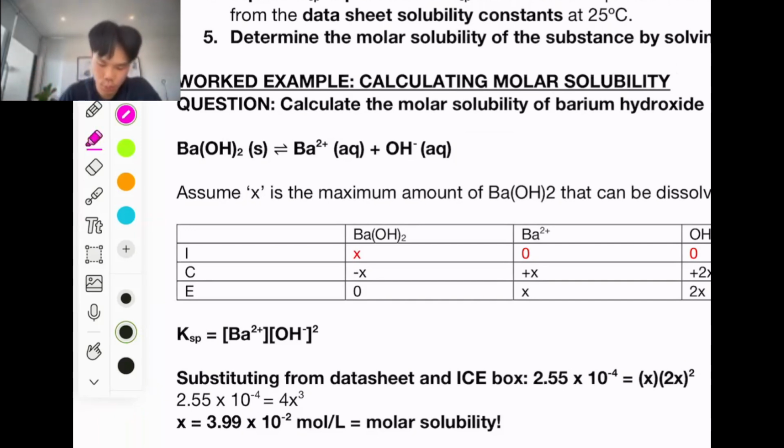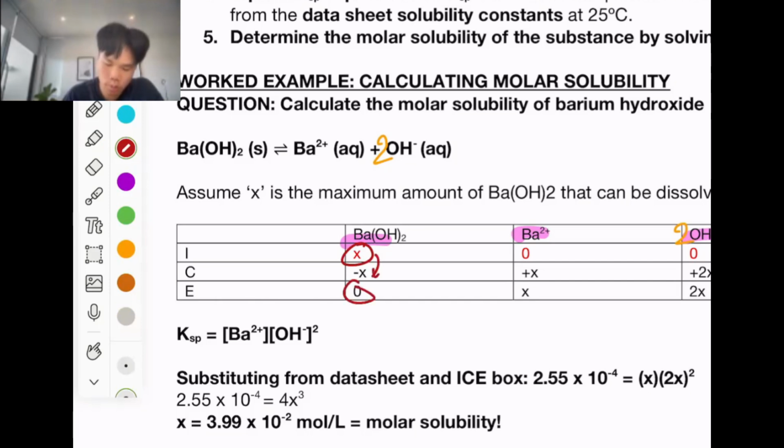So in this case, we have barium hydroxide turning into barium 2 plus and hydroxide. The equation, I've made a mistake here. It should be 2OH minus. And that makes it very clear that when you dissolve this imaginary X, which is the maximum amount of barium hydroxide I can dissolve in a liter, if I entirely dissolve that and turn my amount of solid into 0, the change in barium and hydroxide should reflect the 1:2 ratio of the equation.